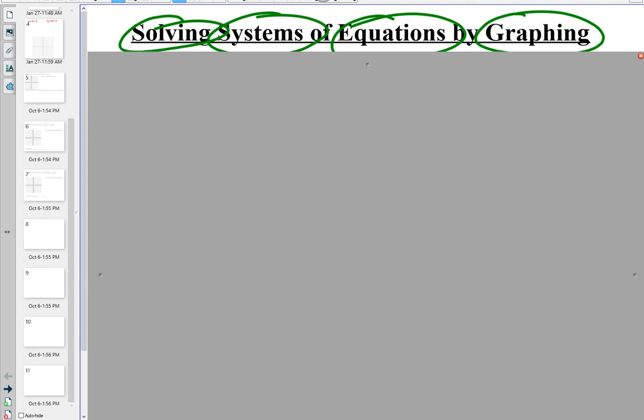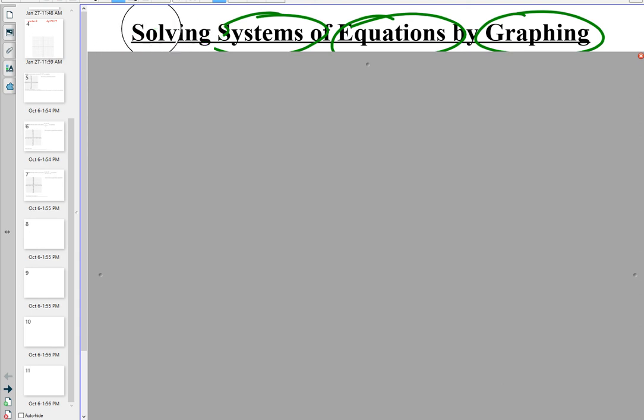And since so many of us are visual learners, we get to actually see the solution taking place. But the negative about graphing is that it's not very precise. So we will drift away from graphing by tomorrow and find a more precise method for solving systems. But this is a nice introduction because you get to see the solution taking place.